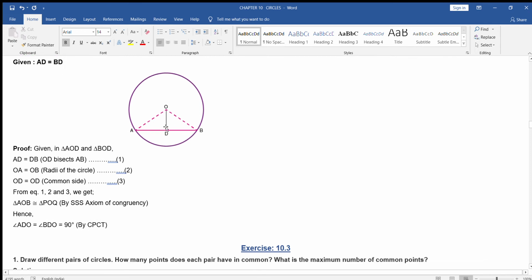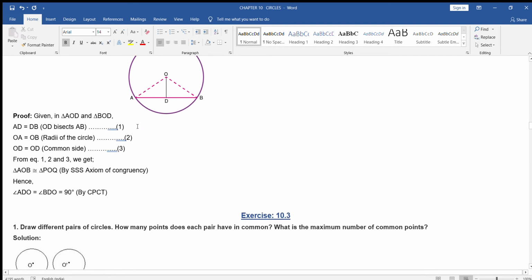In these two triangles, AD is equal to DB, OA is equal to OB, and this one is the common side. So by the SSS criterion, both triangles are congruent, and once both triangles are congruent, the remaining parts are equal. Here only the remaining parts are equal, but you need to prove it is perpendicular also. So how will you prove it?